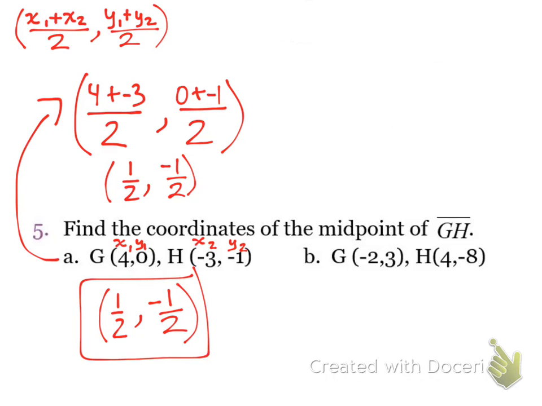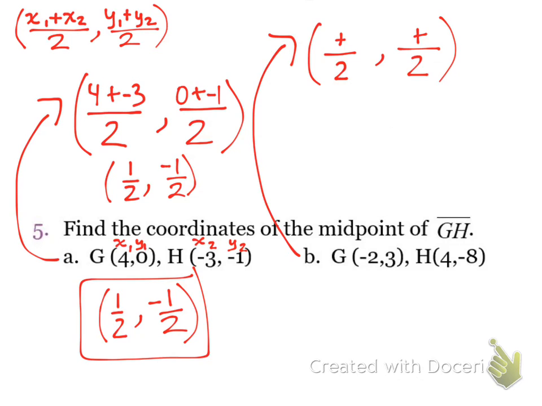All right, let's try B. Again, using our formula, I know that I'm going to be adding a couple numbers over 2, comma, adding a couple numbers over 2. What's going in for x1? Negative 2.